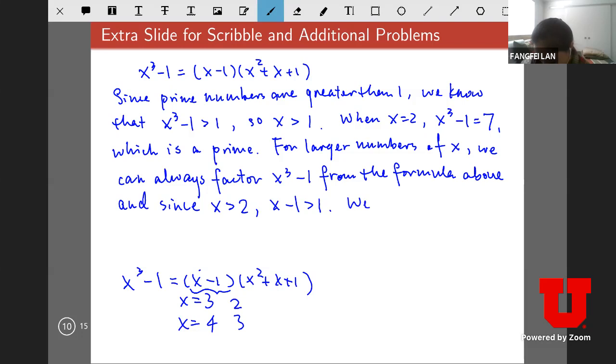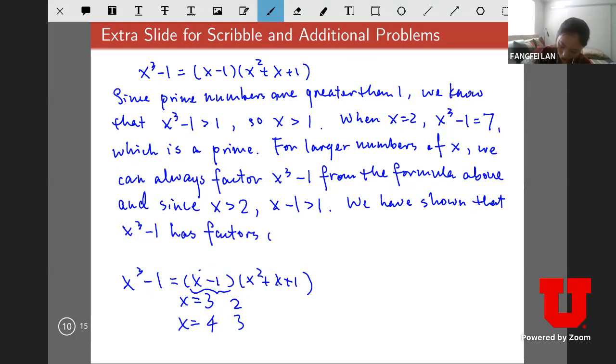We have shown that x cubed minus 1 has factors other than 1 and itself for all x greater than 2.